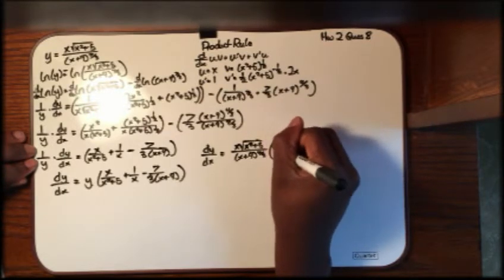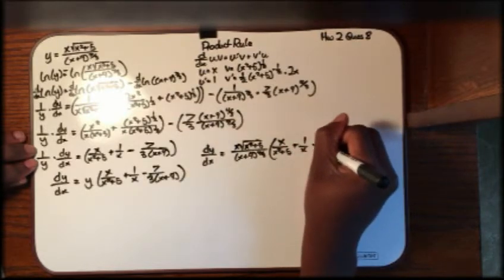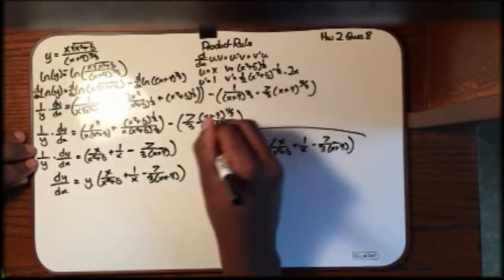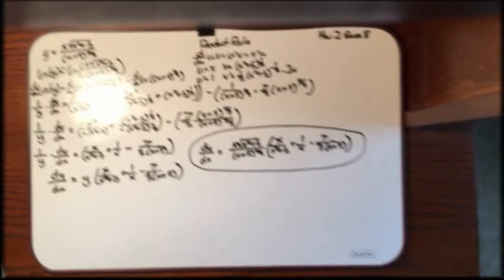However, we cannot leave y in the function, so we'll substitute y here, and you'll get your final answer. dy over dx is equal to x times the square root of x squared plus 5 over x plus 9 to 7/3 times quantity x over x squared plus 5 plus 1 over x minus 7/3 over x plus 9. And that's our answer. Homework 2, question 8.